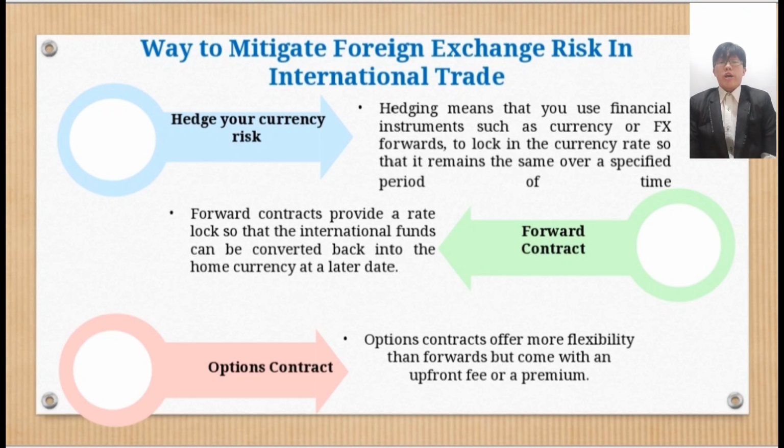Unlike a forward contract, currency options do not force the investor to engage in the transaction when the contract expiration date arrives. However, there is a cost for that flexibility in the form of an upfront fee called a premium.